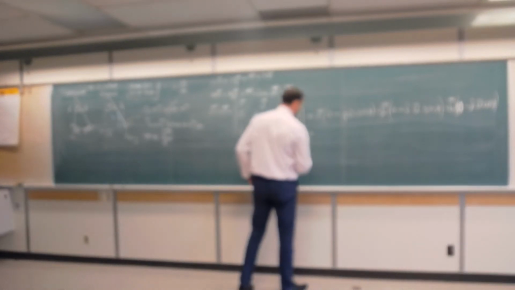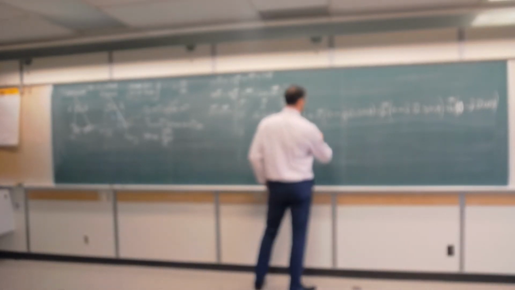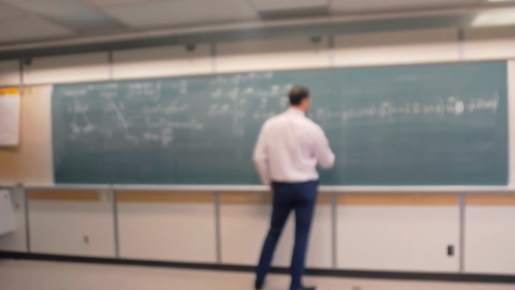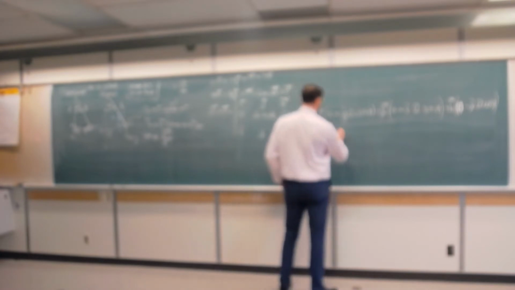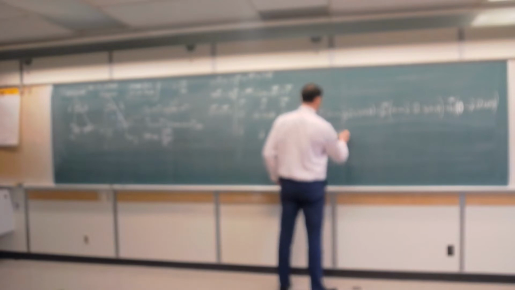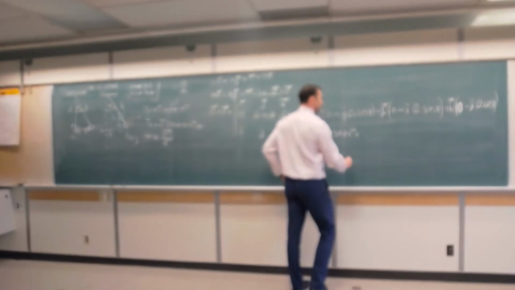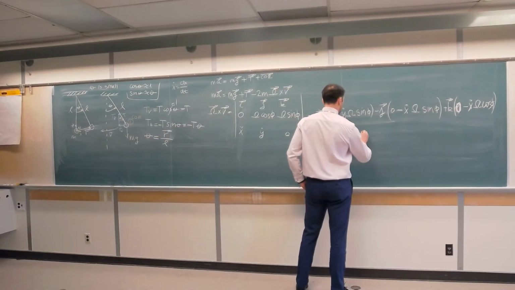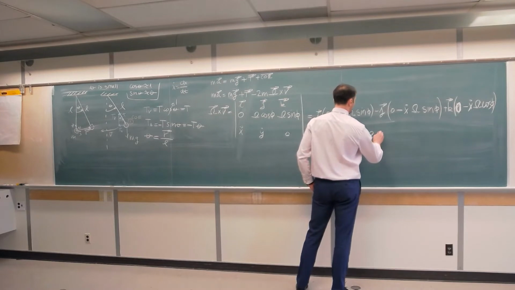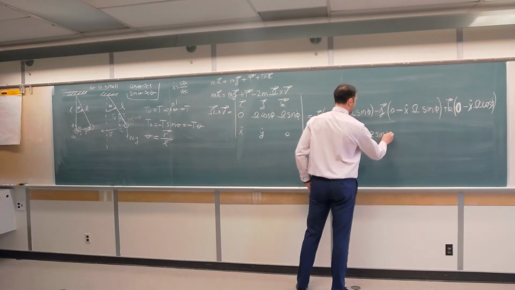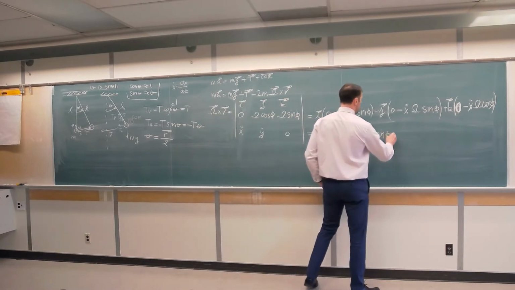So this is further equal to negative y dot omega sine phi in the i direction. Minus and minus will give me plus x dot omega sine phi in the j direction.